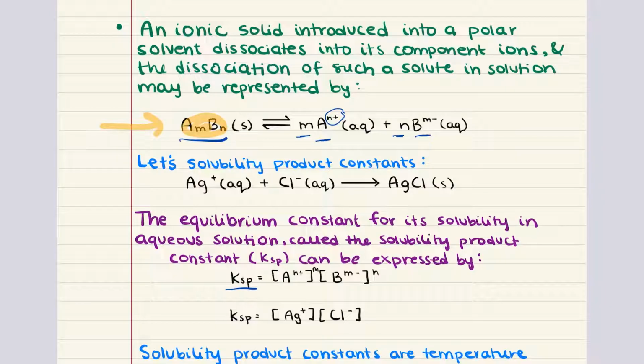Now, the equilibrium constant for its solubility, known as Ksp, can be expressed in this way right here. Remember, for equilibrium constants, it is the concentration of the products raised to their stoichiometric coefficients over the concentration of the reactants raised to their stoichiometric coefficients. And remember, we do not include liquids or solids.